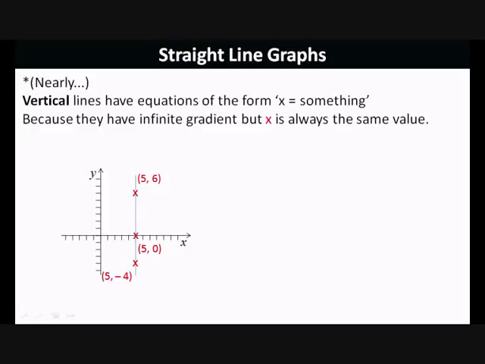The x-coordinate of the points on that line will always be 5. So the equation of that line is x equals 5, because on that line, the value of x is always 5. So horizontal and vertical lines have their own type of equation, but otherwise it's y equals mx plus c, y equals something x plus something.